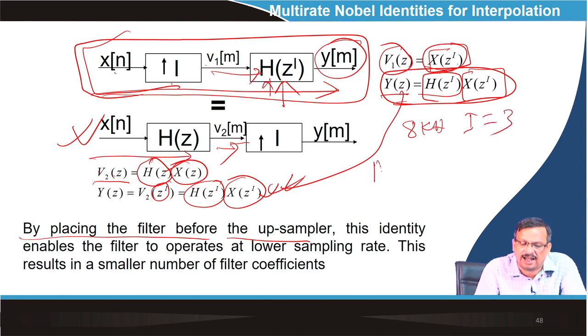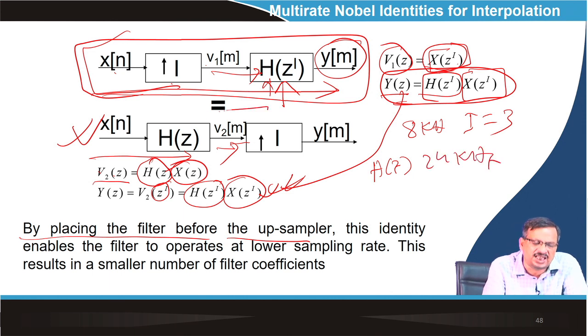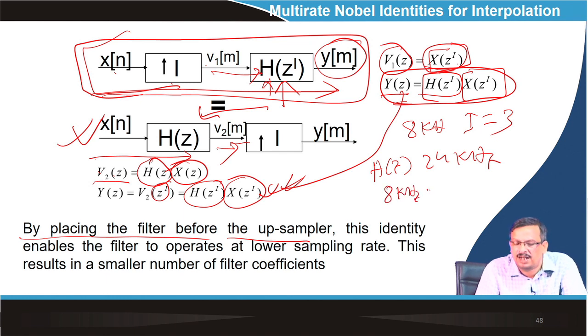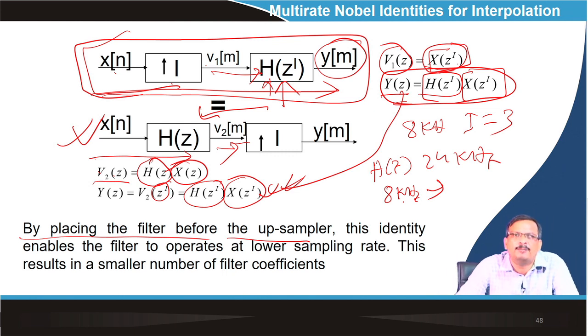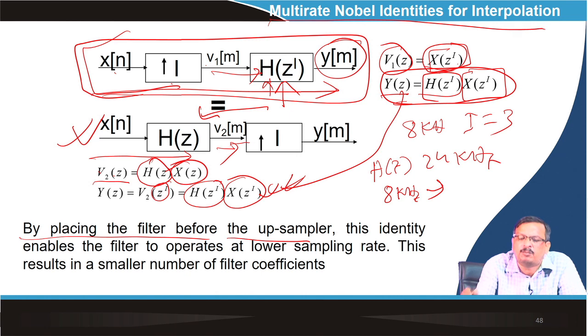I know H(z) has to be operated at 24 kilohertz, but in this case I can operate the filter at 8 kilohertz and the filter output can be upsampled by factor 3. So, I can efficiently implement that filter. That is called the multirate noble identity for interpolation. So, there is the multirate noble identity for decimation or downsampling, and the multirate noble identity for interpolation or upsampling.